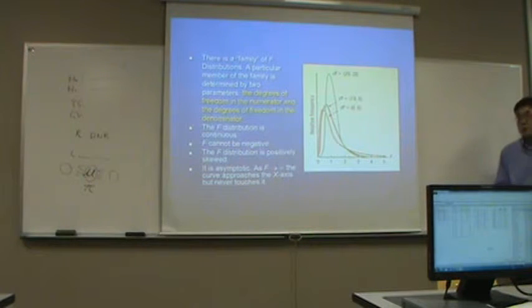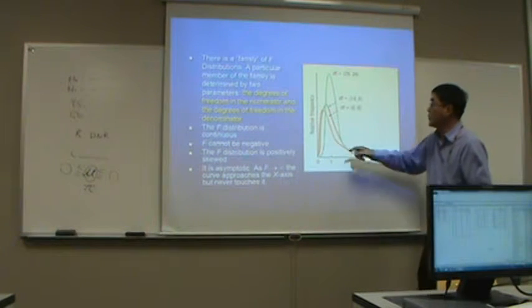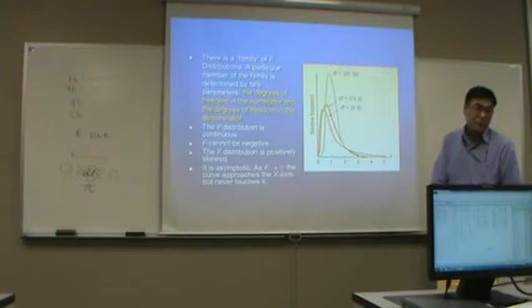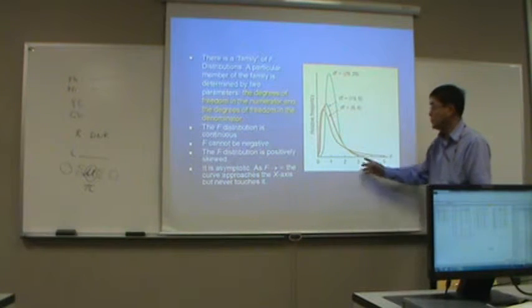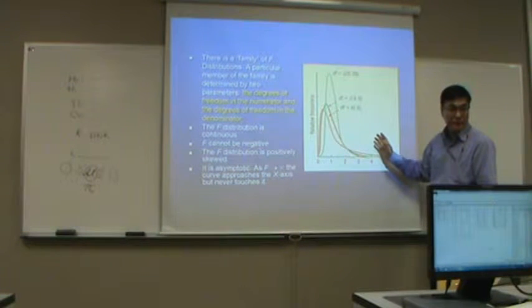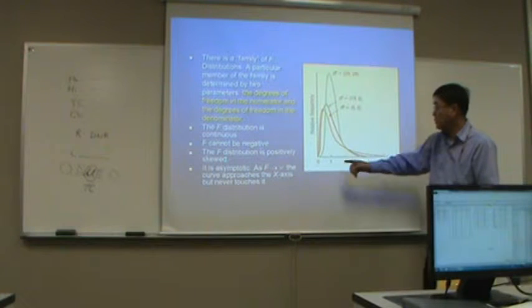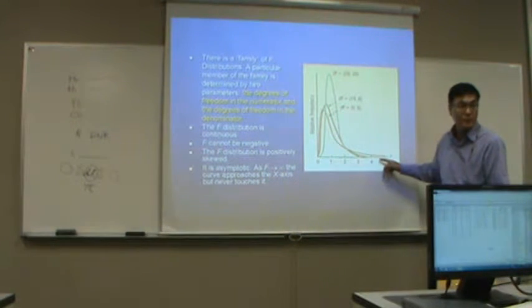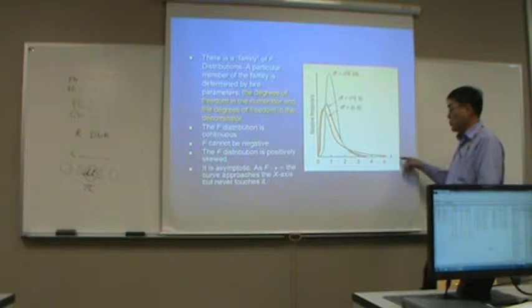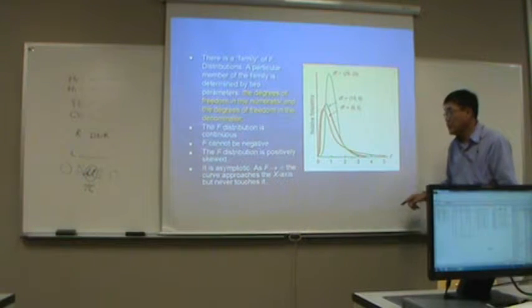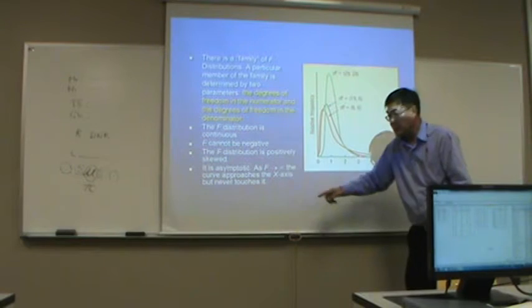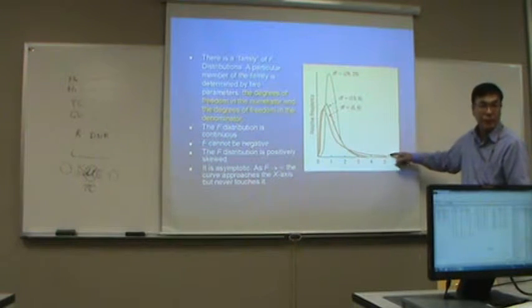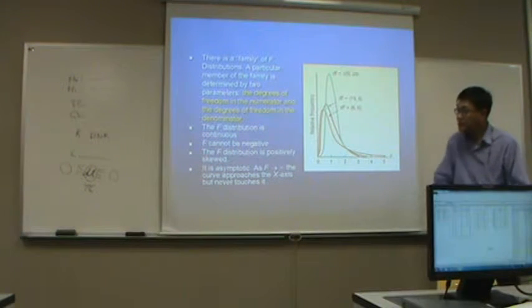The F distribution looks like this, with a longer right tail, right skewed. And the value of the F distribution is always positive, from 0 to infinity, and the maximum is unlimited, so it goes on forever.